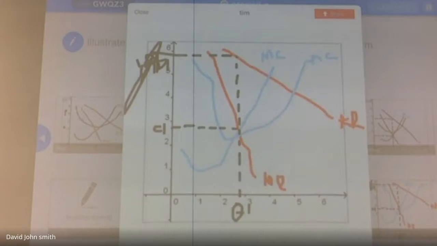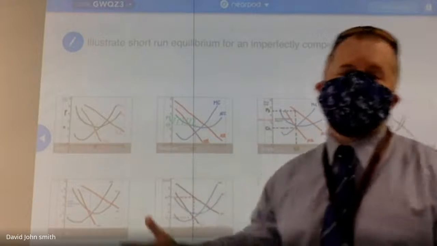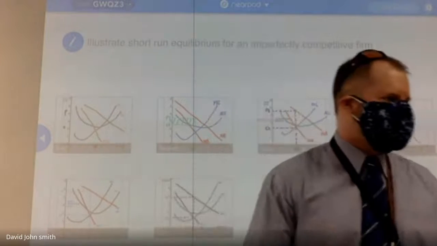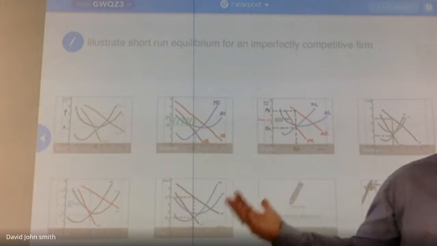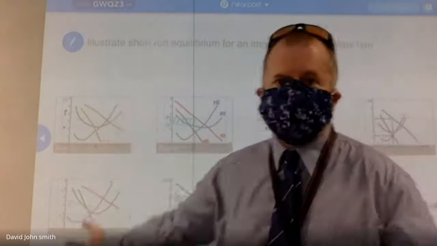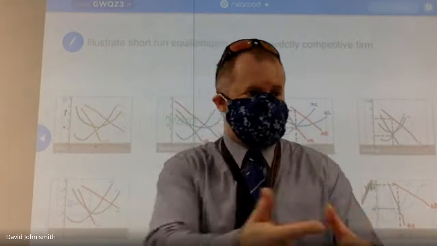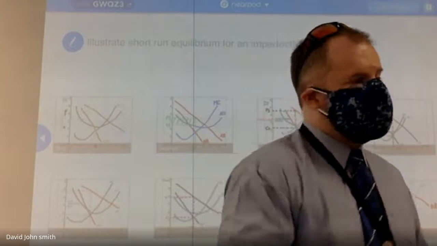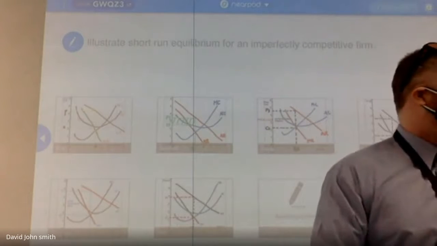All right, now, as said, practicing these models is really important, and I can't stress that enough. It might be in the exam you don't ever have to draw a monopolistically competitive model. It's possible, you could choose a different question. However, it's also about the understanding and the ability to manipulate the model so that you can demonstrate your understanding.